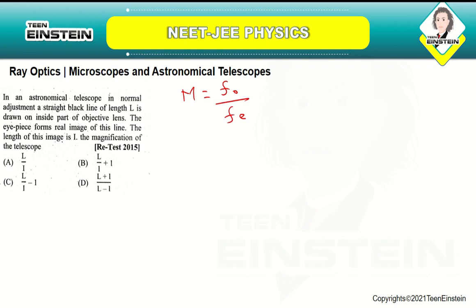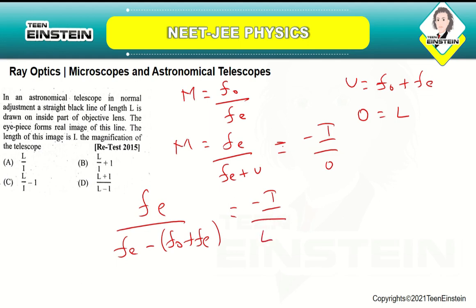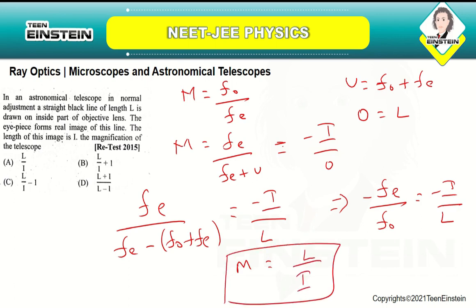For a convex lens, M will be equal to Fe by Fe plus U, which is equal to minus I by O. The object being the line on the objective, U will be equal to F naught plus Fe and O will be equivalent to L. So, it will be Fe by Fe minus F naught plus Fe, which is equal to minus I by L, because O is L. You will get minus Fe by F naught, which is equal to minus I by L, or M will be equal to L by I. So, the magnification of the telescope will be L by I. So, the correct answer is option number A.